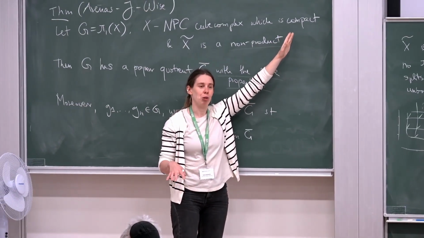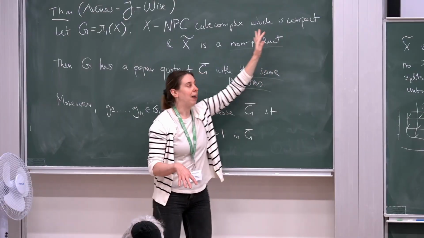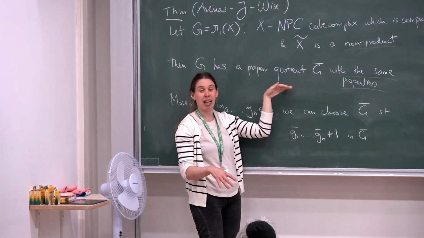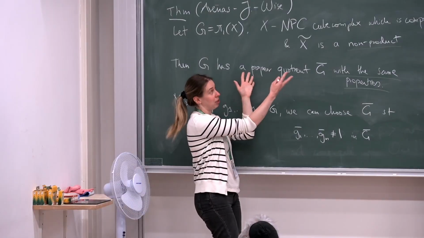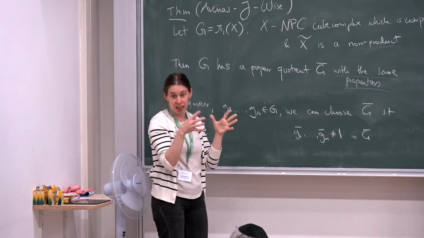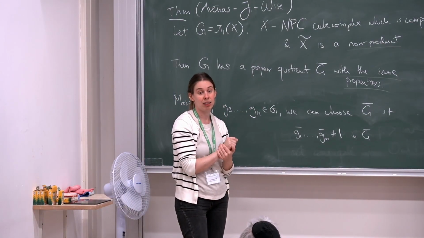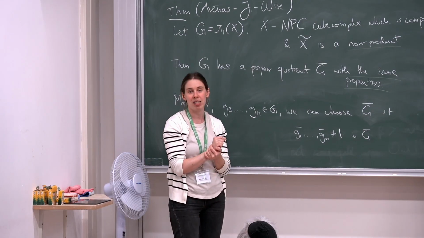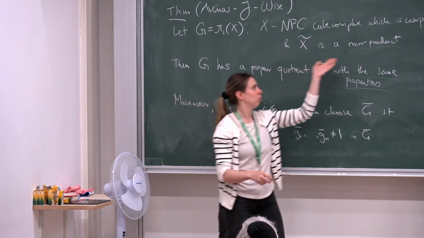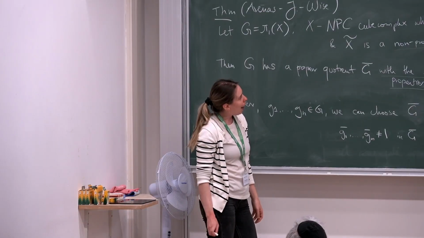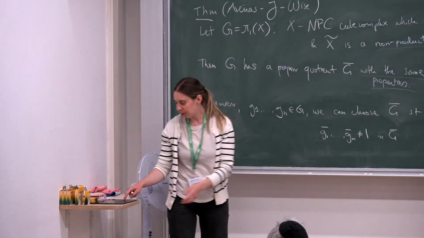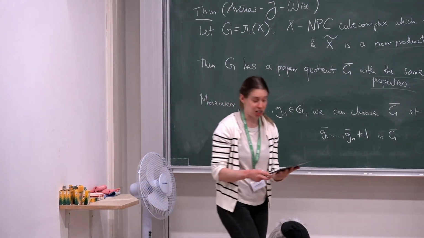For example, I do not need to assume compactness, and I still get a quotient in the same class of groups. And so the version that I'm presenting here is the class of fundamental groups of compact non-positively curved cube complexes that are non-products. Yeah, thank you for the question.